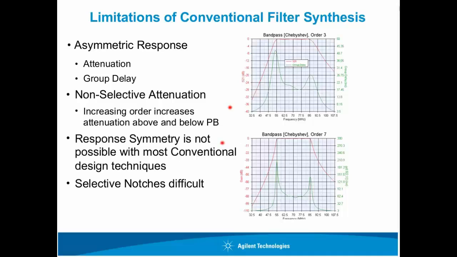So if you want to achieve, say, a symmetrical response, this isn't really possible easily with a conventional filter synthesis tool. And selective notching, if you want to notch out an interferer or some other frequency, is also difficult with a conventional filter synthesis tool.